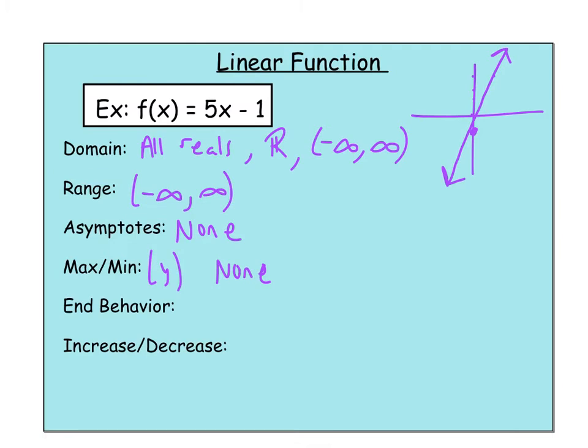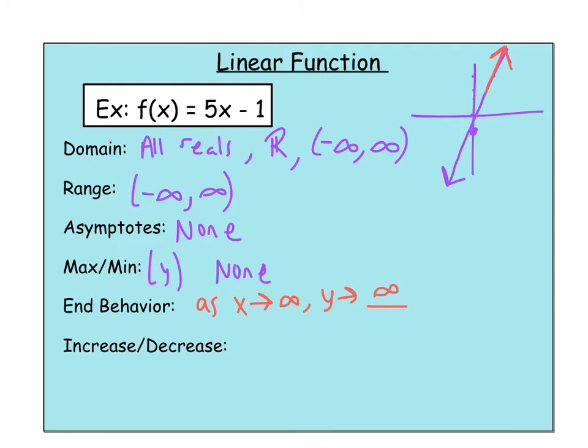All right, now end behavior. Here's where the graph might be helpful. Let's think about the right side. As this graph goes to the right, we say as x goes to infinity, then we're going to state what the y values do. Well, on the right side of this graph, the y values are going up. So they're going to infinity as well.